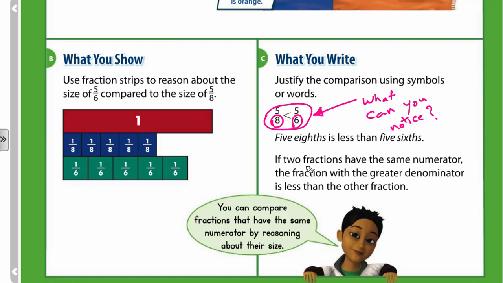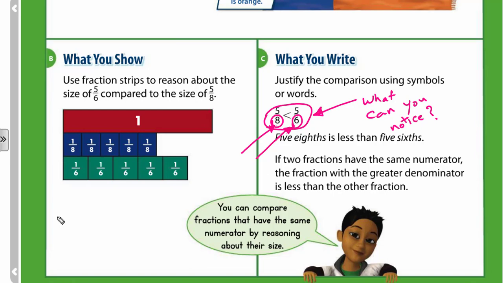Because we have two fractions that have the same numerator, the fraction with the greater denominator is less than the other fraction. Oh, great. So we see here that we have 8 in the denominator, and in this one we have 6 in the denominator. So according to what you say, if we have a greater denominator, we get a smaller fraction.